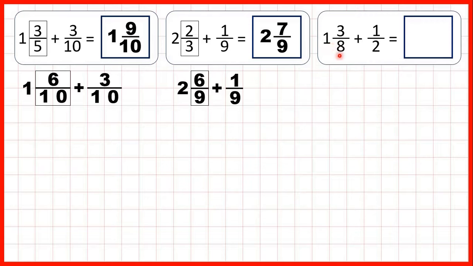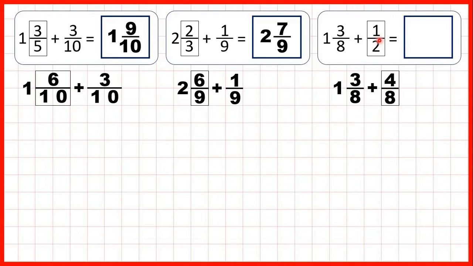Finally, we have 1 3/8, and we're adding 1/2. This time, it's the 1/2 that we'll need to change, because 8 is in the 2 times table, so we can find a fraction equivalent to 1/2, which has a denominator of 8. So we can rewrite our question as 1 3/8 plus 4/8.